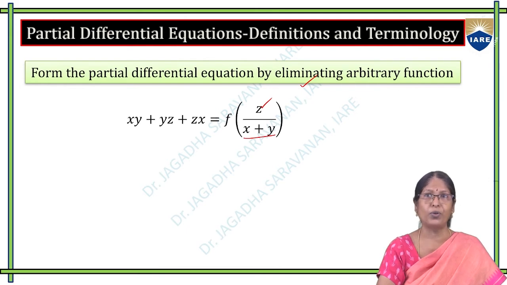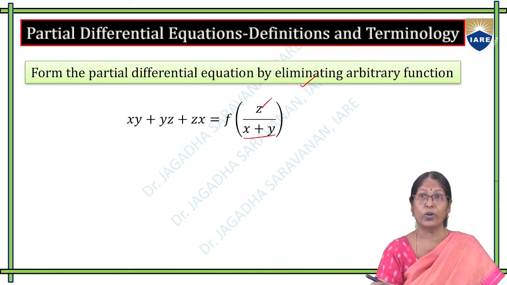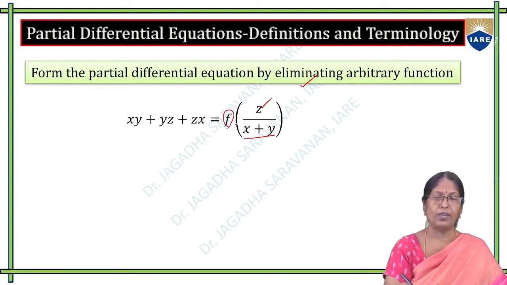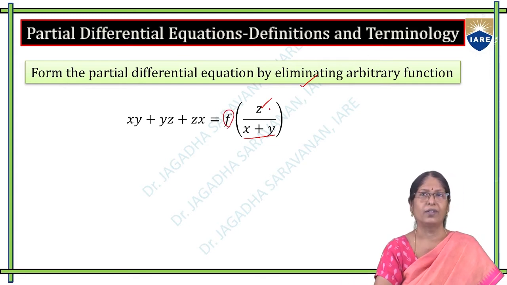What do we have to do? The terminology subject to this: we already know the notations. Five are there: P, Q, R, S, T. Anything, first order or second order, but finally the function F is to be eliminated.